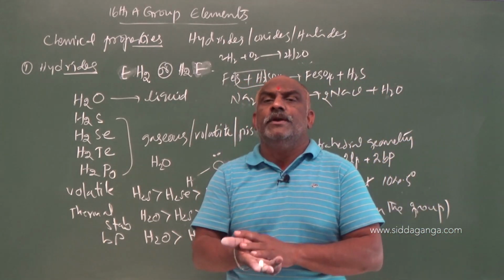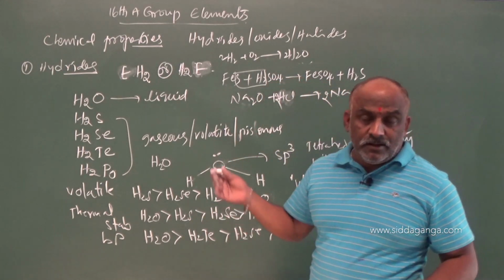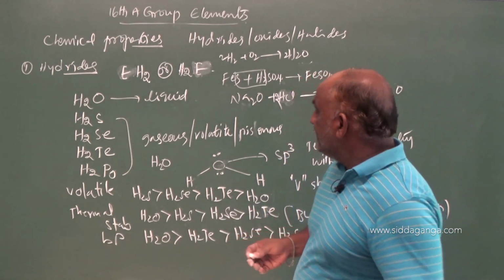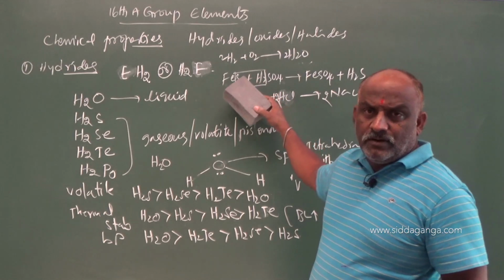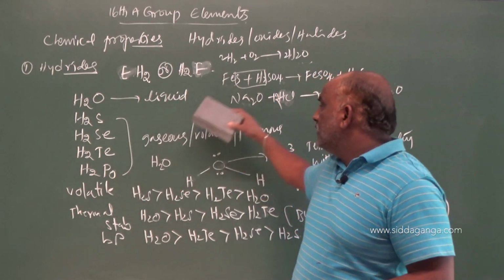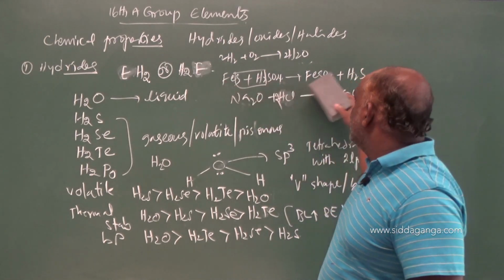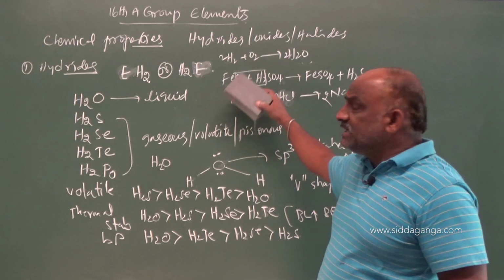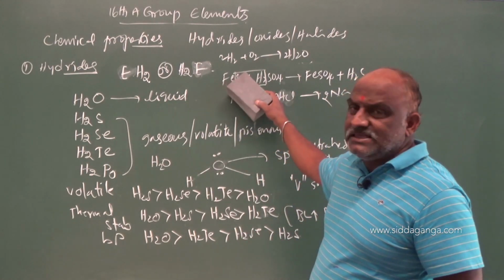Coming to the acidic character, first these are the preparations of hydrides. Except water, the remaining hydrides are prepared from metal sulfides plus acid: metal sulfides, metal selenides, metal tellurides, like FeS, FeSe, FeTe.